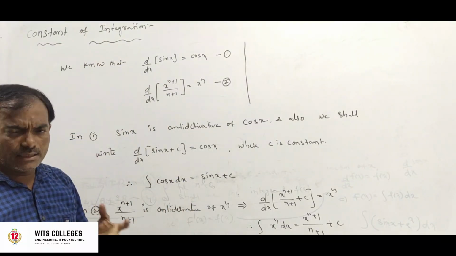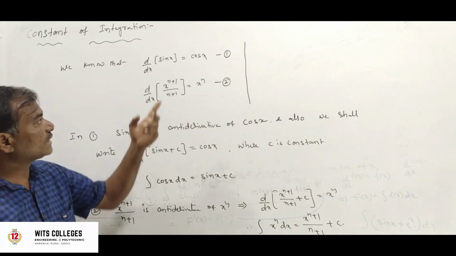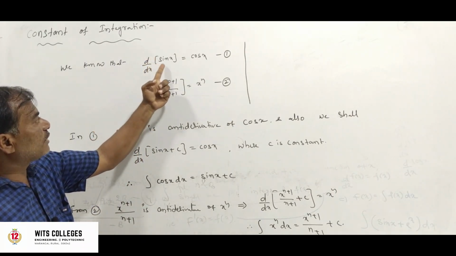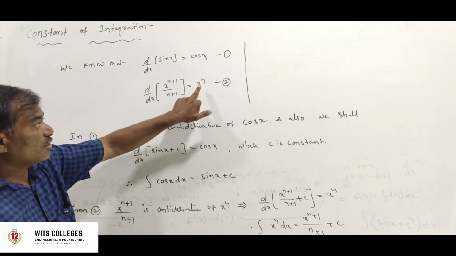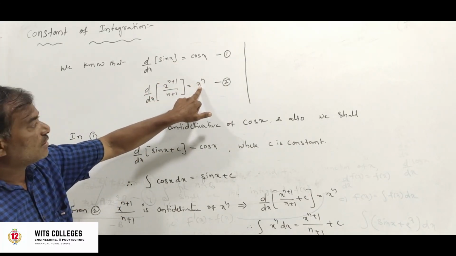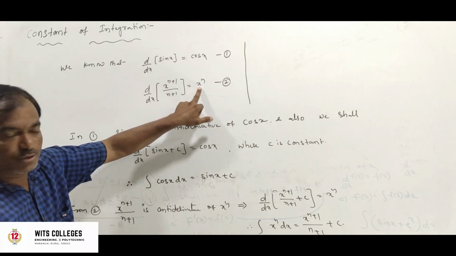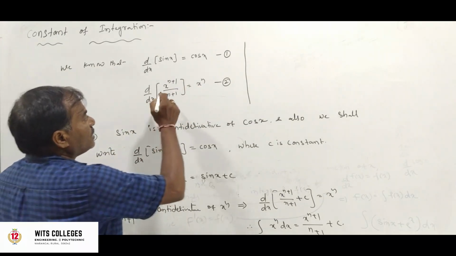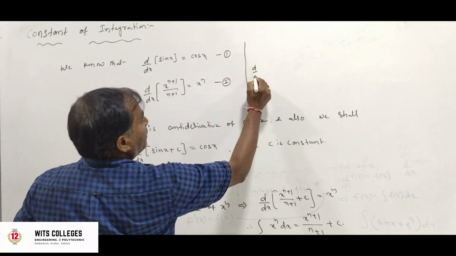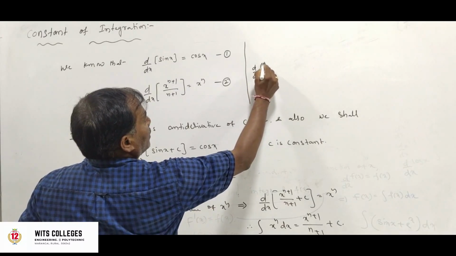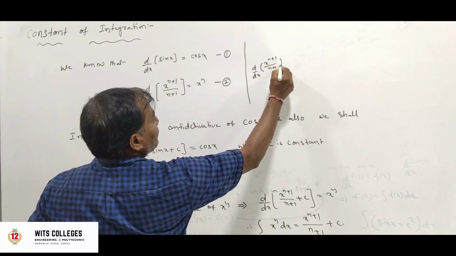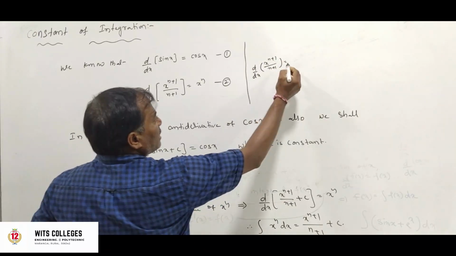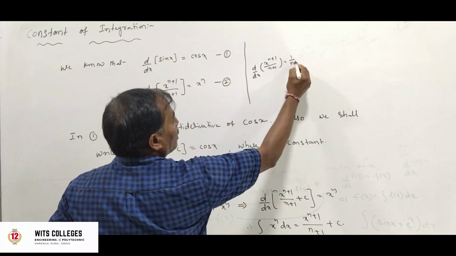We take the derivatives of two functions. We know that the derivative of sin x is cos x, and the derivative of the other function is x to the power of n. Now we check how we will get x to the power of n. So this is d by dx of x to the power of n plus 1 by n plus 1. Here 1 by n plus 1 is a constant, so we write it outside the operator.